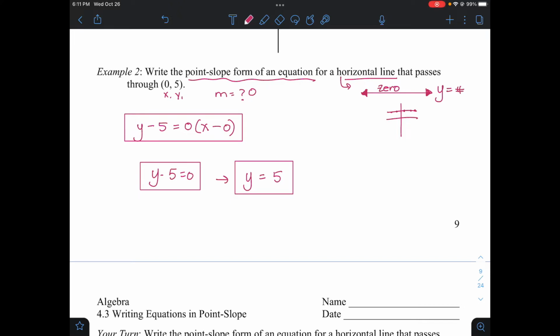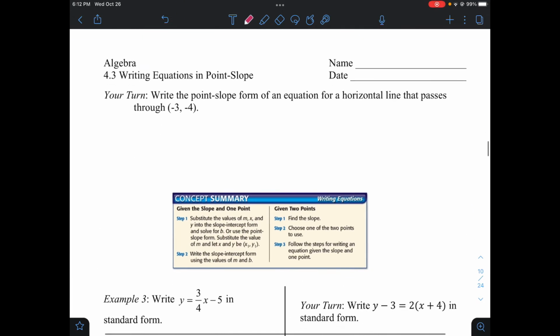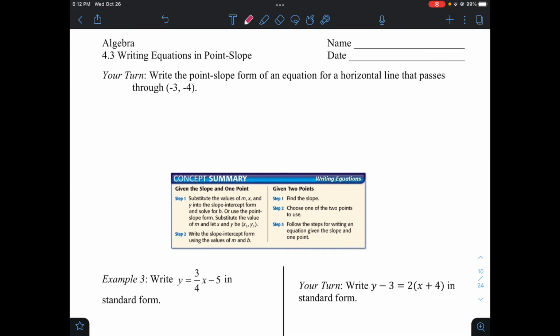All right, so take a second, pause the video, try this next one on your turn. It's very similar to what we've just done, and then come back and check your answer.